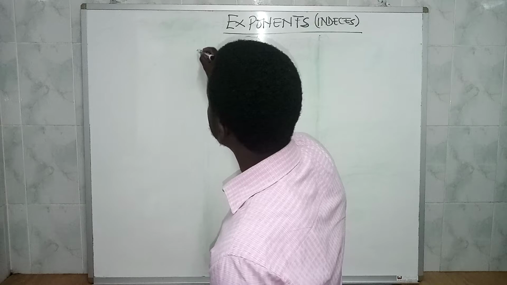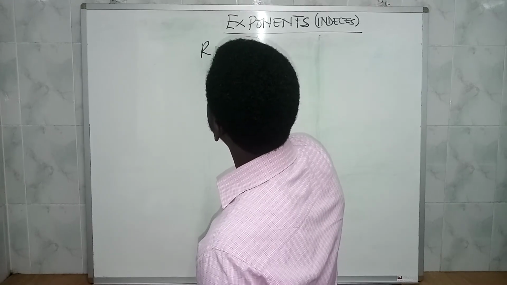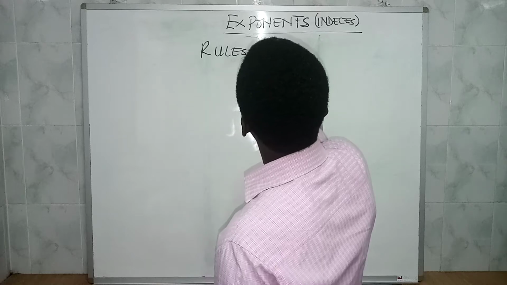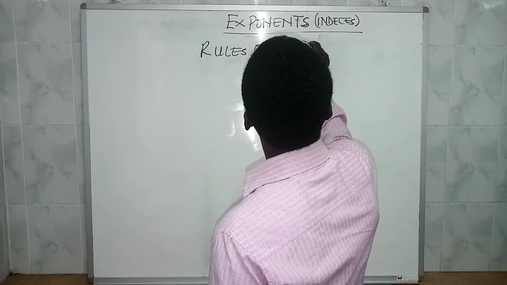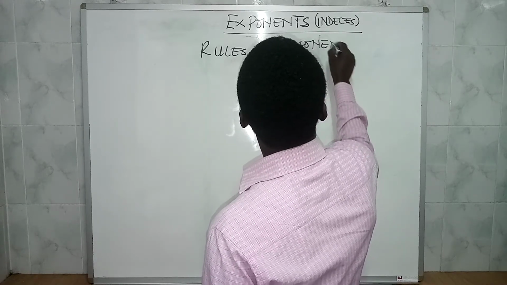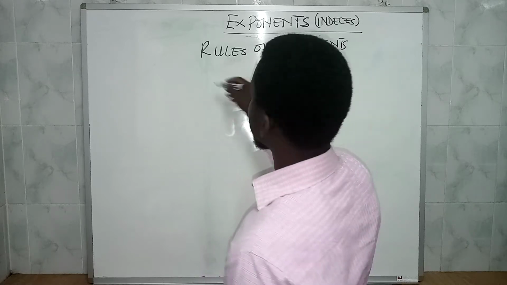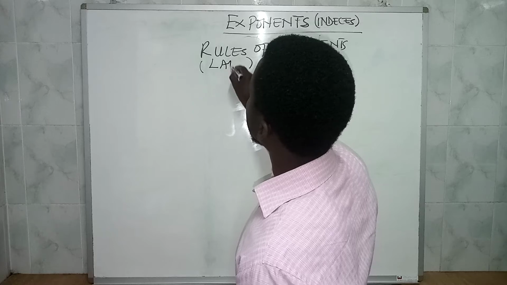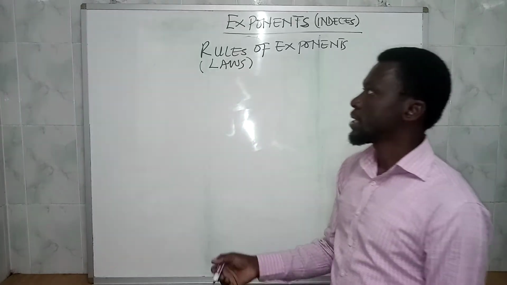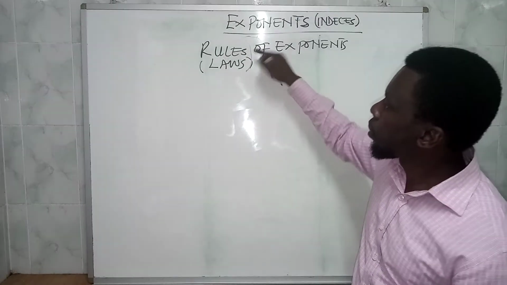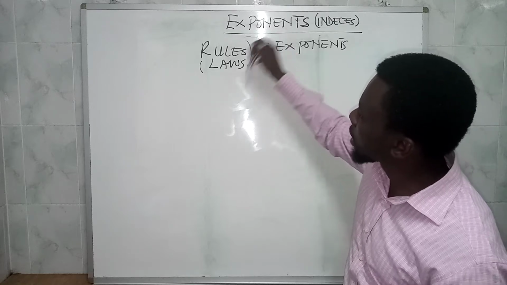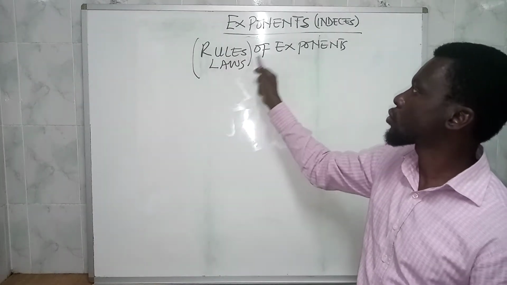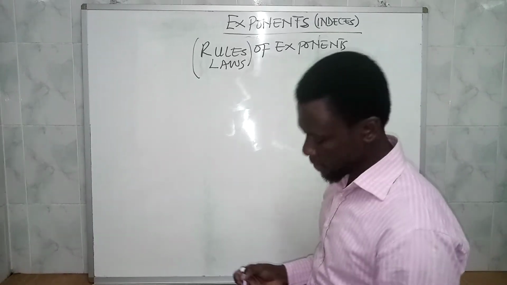The first one. So we call them rules, or we call them what? Laws. They are laws or rules of exponents.